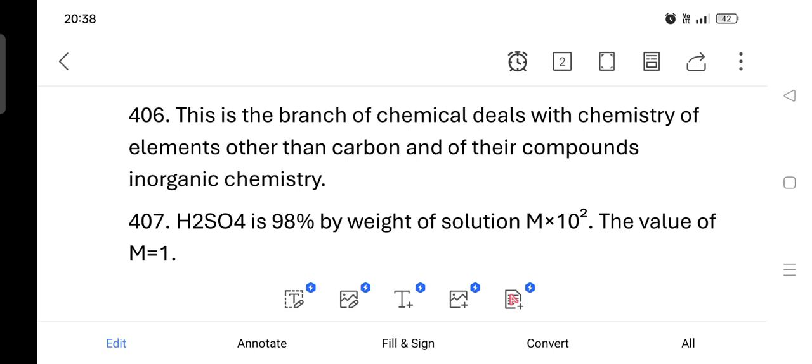The branch of chemistry that deals with the chemistry of elements other than carbon and their compounds is inorganic chemistry.